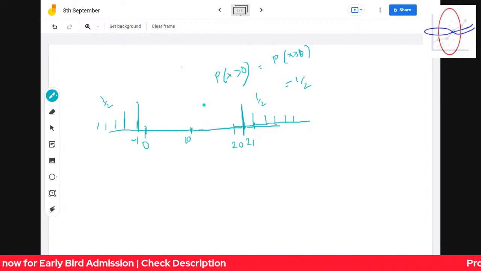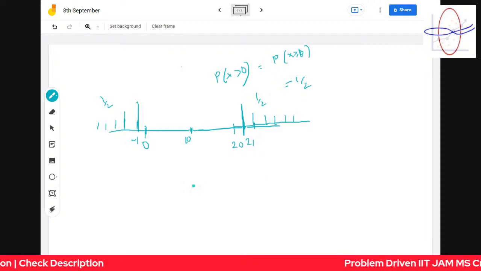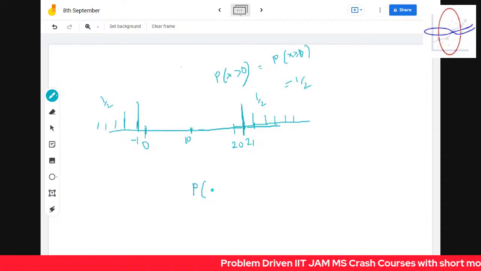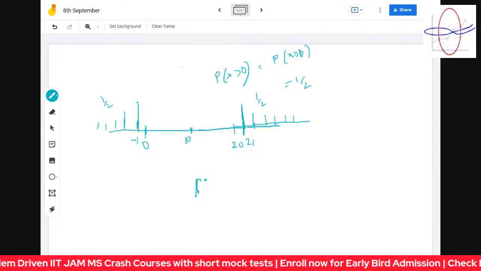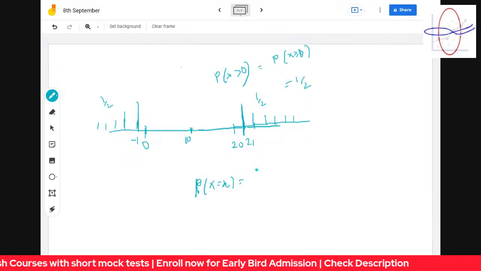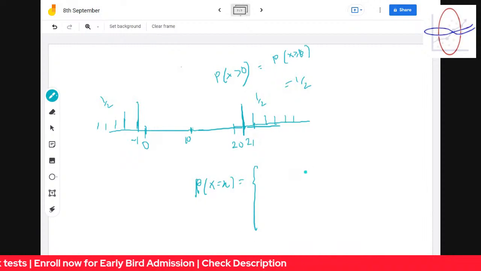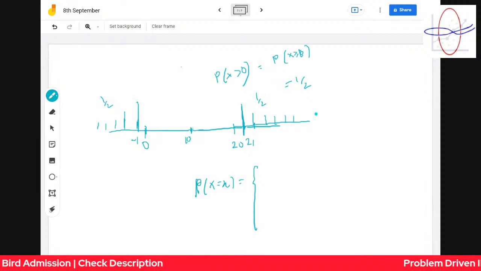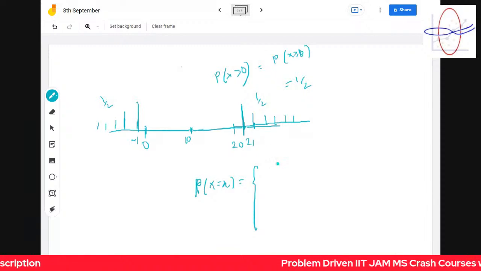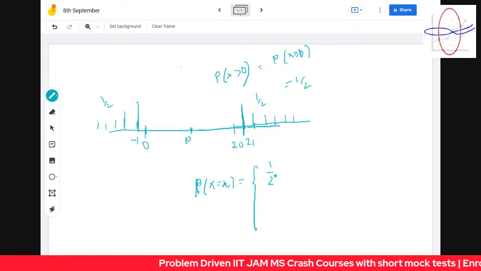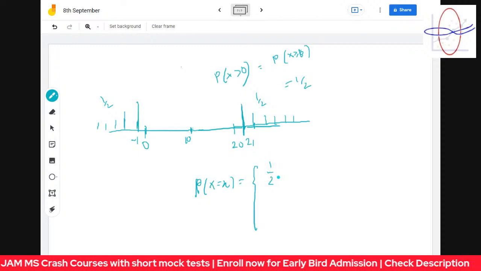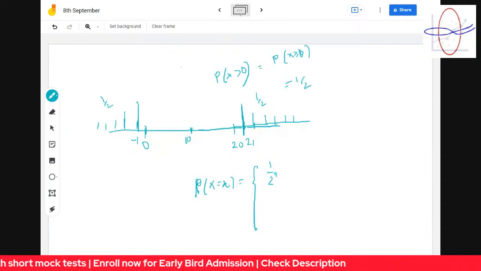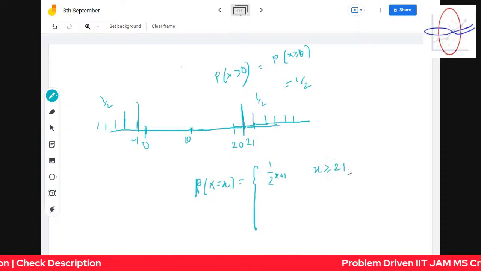Let's define the PMF as probability x equal to x, like a geometric sum, and you can observe that it's 1 by 2 to the power x plus 1, for integers x greater than or equal to 21.